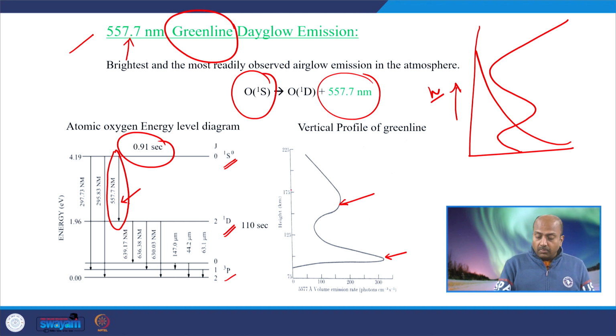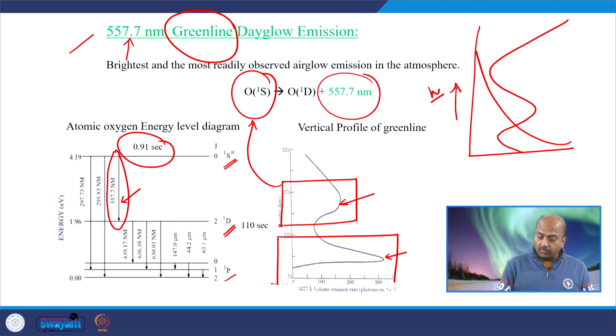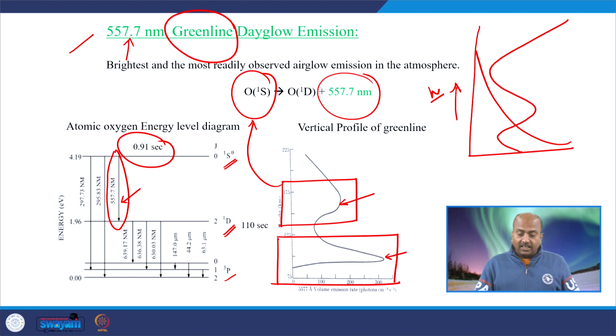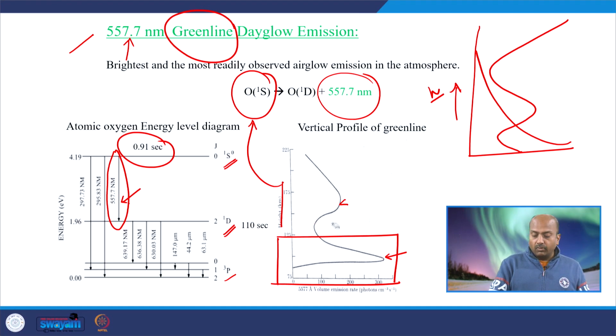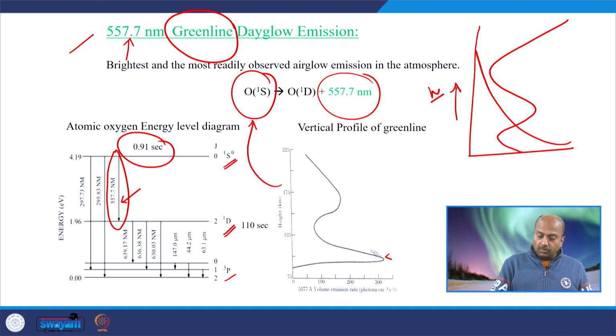So there are certain chemical processes going on here which will populate the oxygen atom into singlet S, and there are entirely different chemical processes happening in the lower part of this peak, which will populate oxygen in the singlet S state. So because of all this, the volume emission rate profile looks something like this.